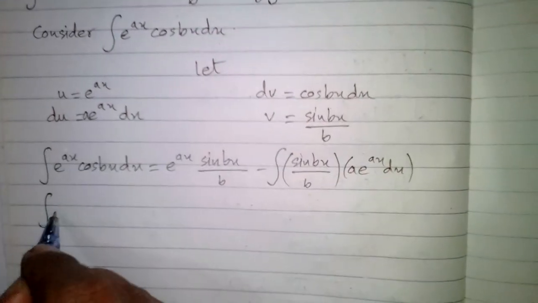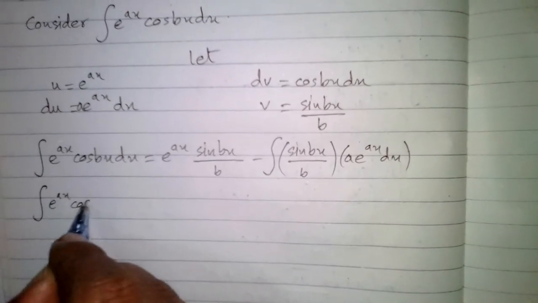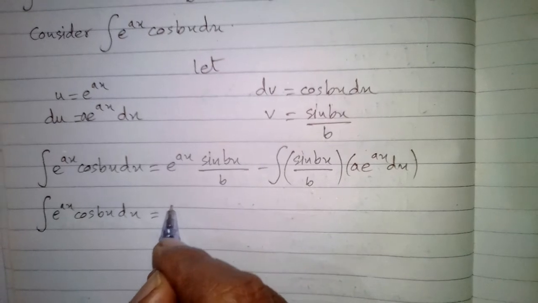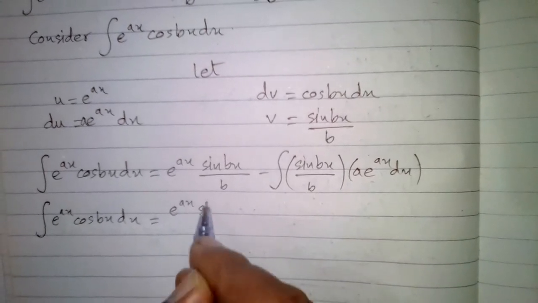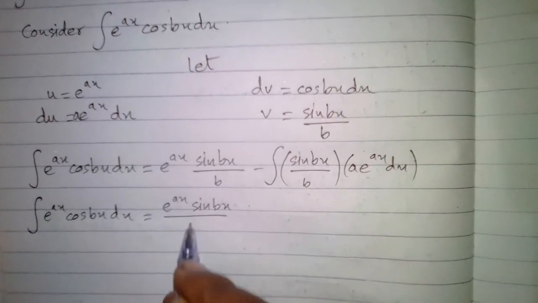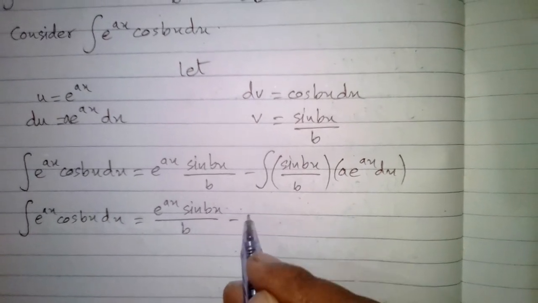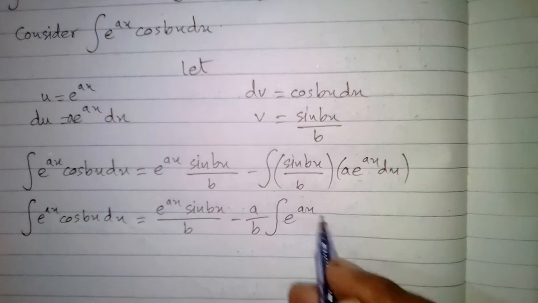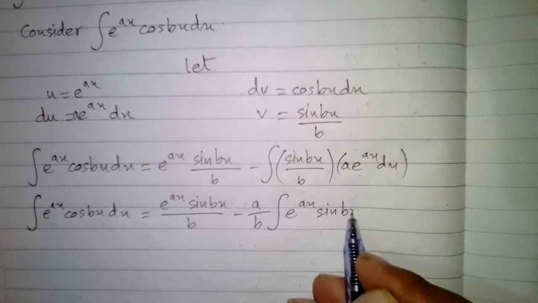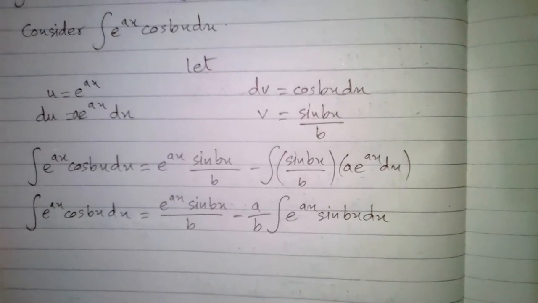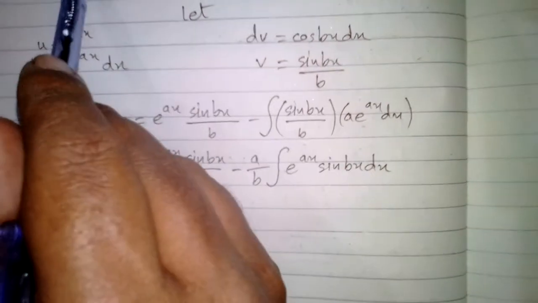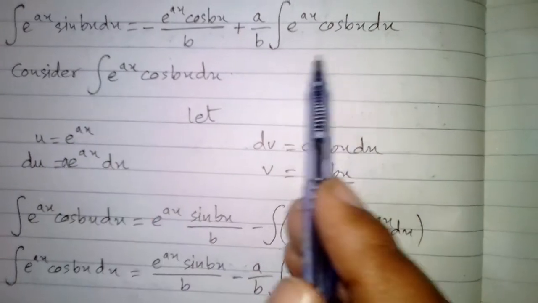Now the integral of e to the power ax cos bx is equal to e to the power ax sine bx upon b minus a upon b times integral of e to the power ax sine bx dx.